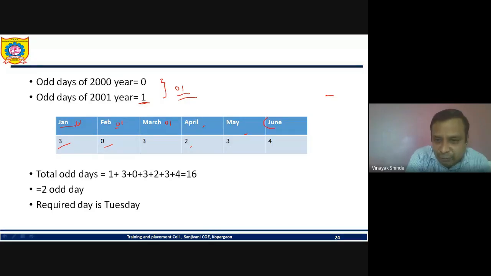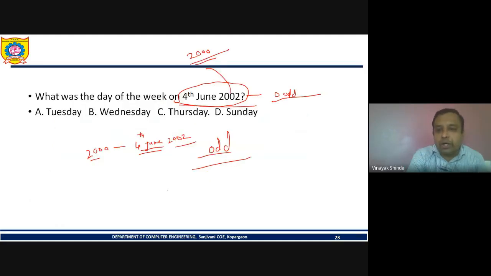And if I consider the 4 days of June: 4 plus 3 is 7, 7 plus 2 is 9, 9 plus 3 is 12, 12 plus 3 is 15, 15 plus 1 is 16. 16 divided by 7 leaves 2 odd days. So till 4th June 2002, we have 2 odd days.